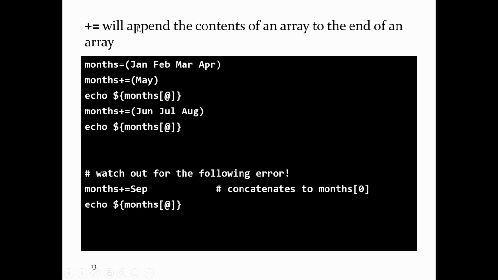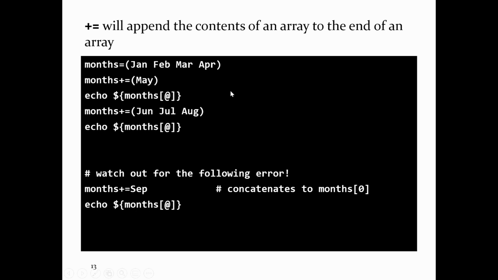When you use plus equals, you should always append an array. So if I want to add the month May to the end of the array, I write months plus equals round bracket May. What that does is it makes a new array that has January, February, March, April, May in it, and then assigns that back to months. So if you echo out months at, you'll get January, February, March, April, May.